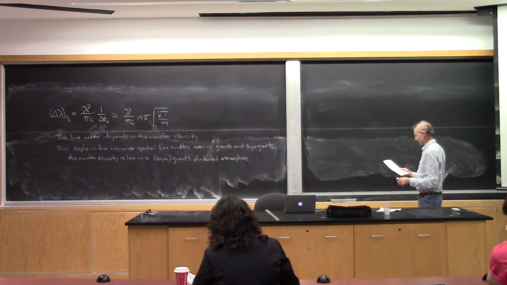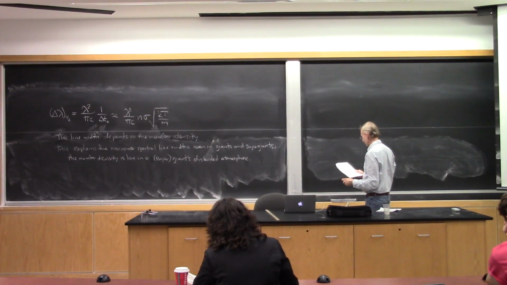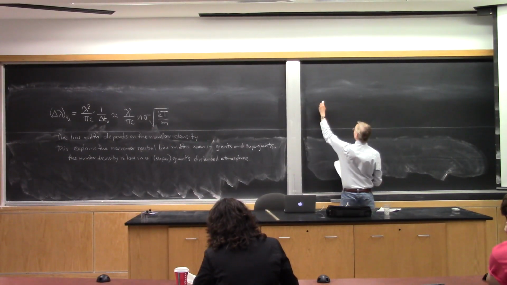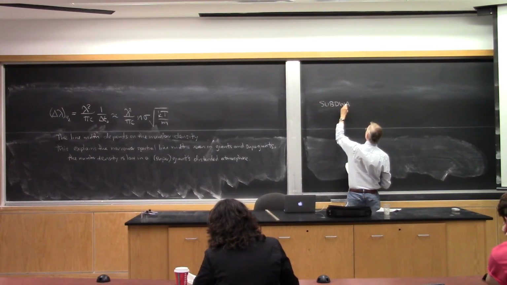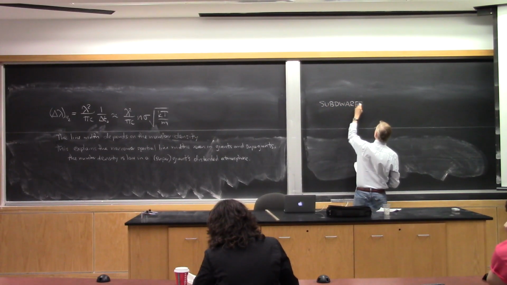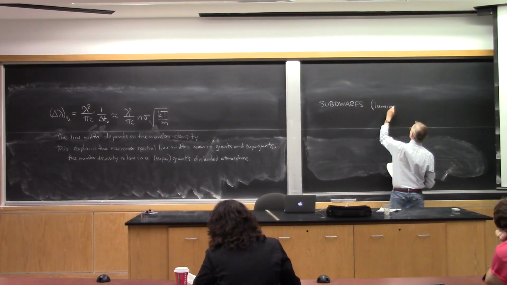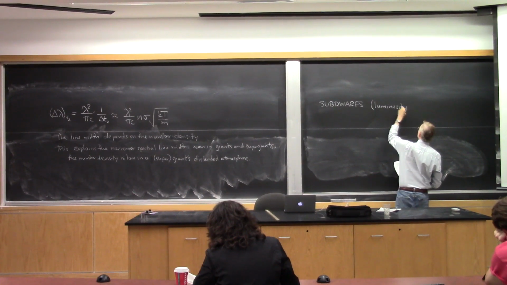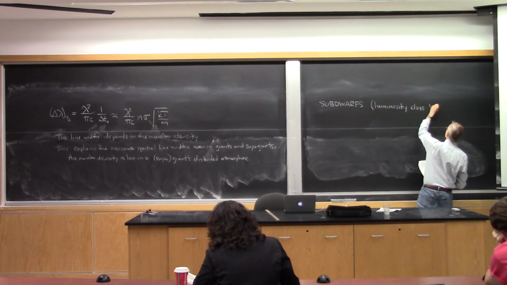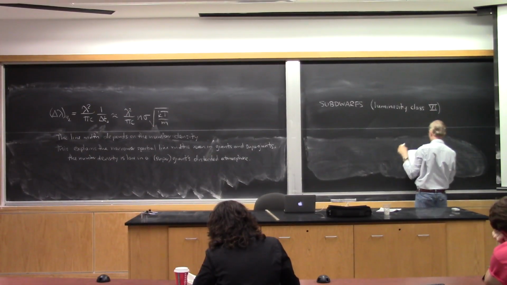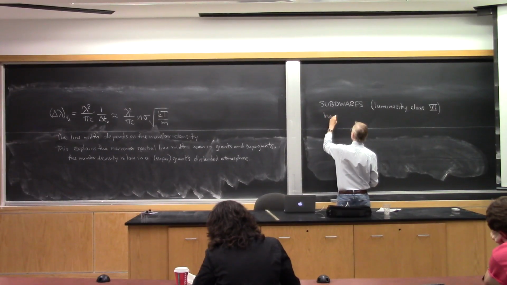Okay, let's see. So subdwarfs, luminosity class Roman numeral 6, have lower metal abundances.